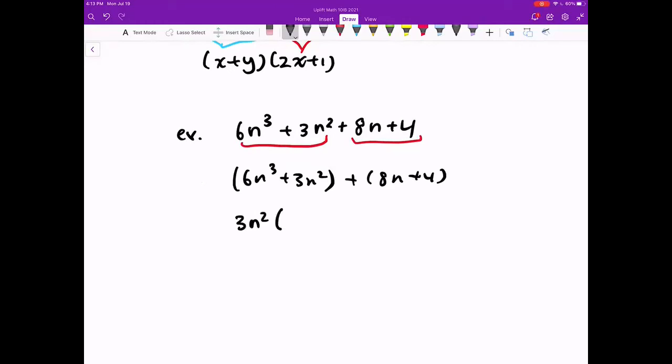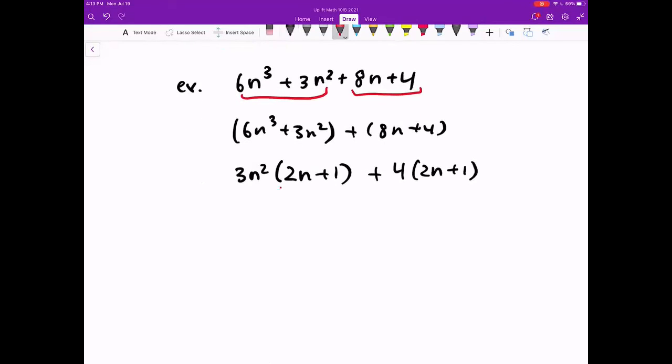So 3n squared times 2n plus 1. The GCF of the second one is 4. So 4 times 2n plus 1. We have two like terms, so we can combine their coefficients to get 3n squared plus 4 times 2n plus 1. So that's our right answer.